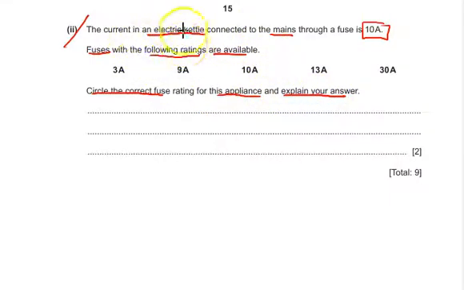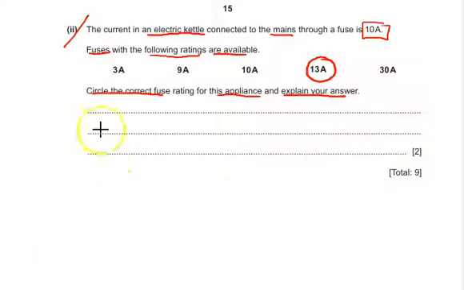So it means the electric kettle is running at 10 ampere, so you have to use a bit higher, which is about 13 ampere.